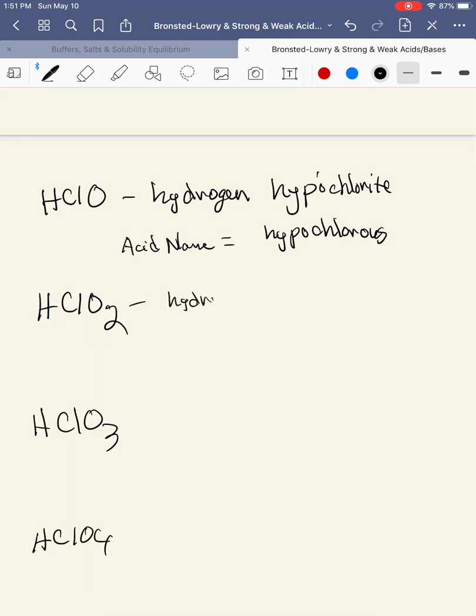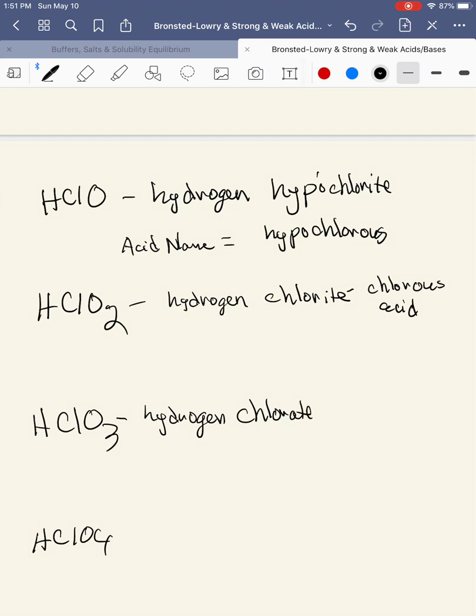This would be hydrogen chlorite, and the name would be chlorous acid. Hydrogen chlorate. Now ate becomes ic, so this would be chloric acid.